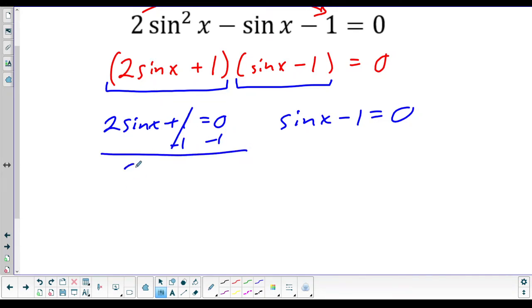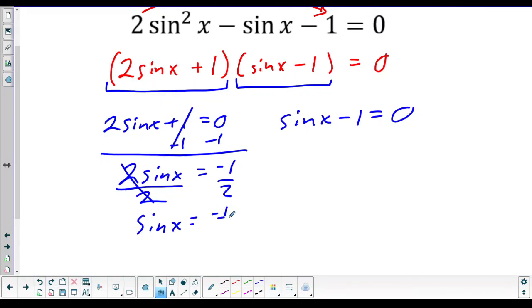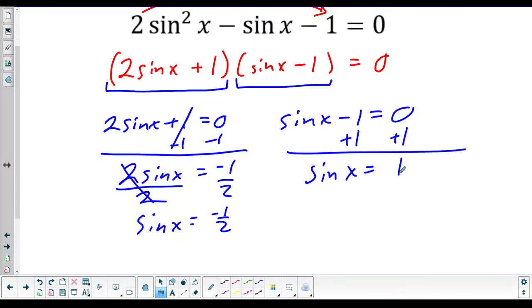These cancel, so we have 2 sine of x equals negative 1. Divide both sides by 2. So sine of x equals negative 1/2. And then if we look at this side, we just add 1 on both sides. And sine of x equals 1.